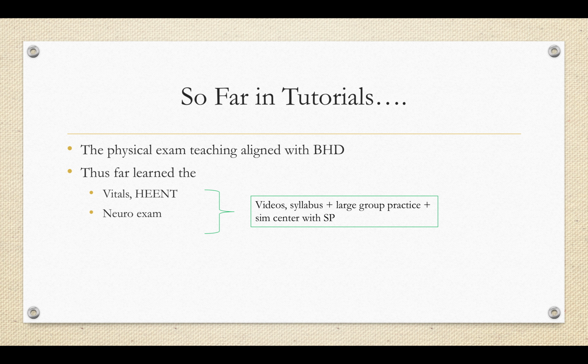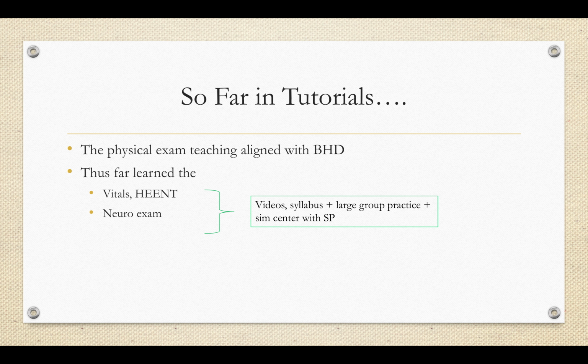These sessions have been followed by sessions in the simulation center, where, after they've learned, for instance, the neuro exam, they've performed those neurological exam maneuvers on standardized patients who we have trained to give feedback.